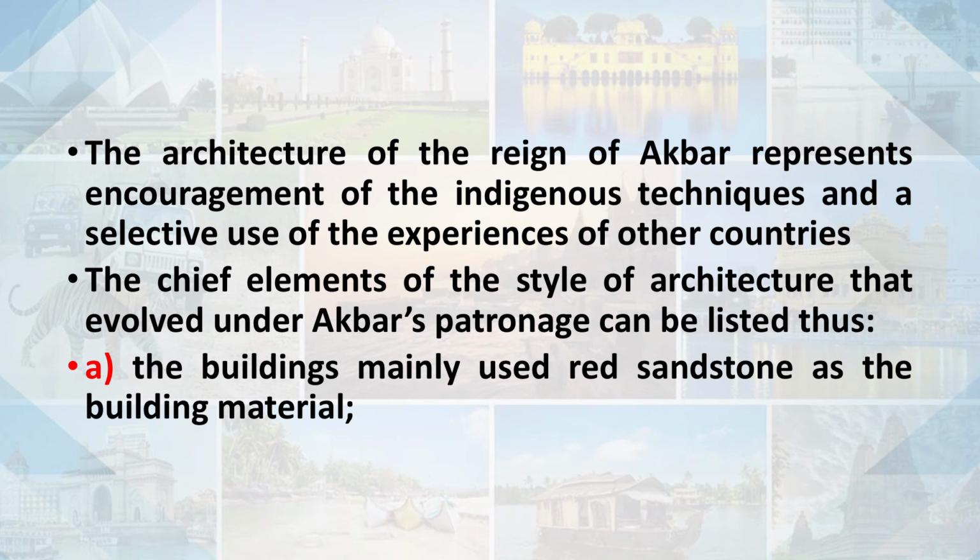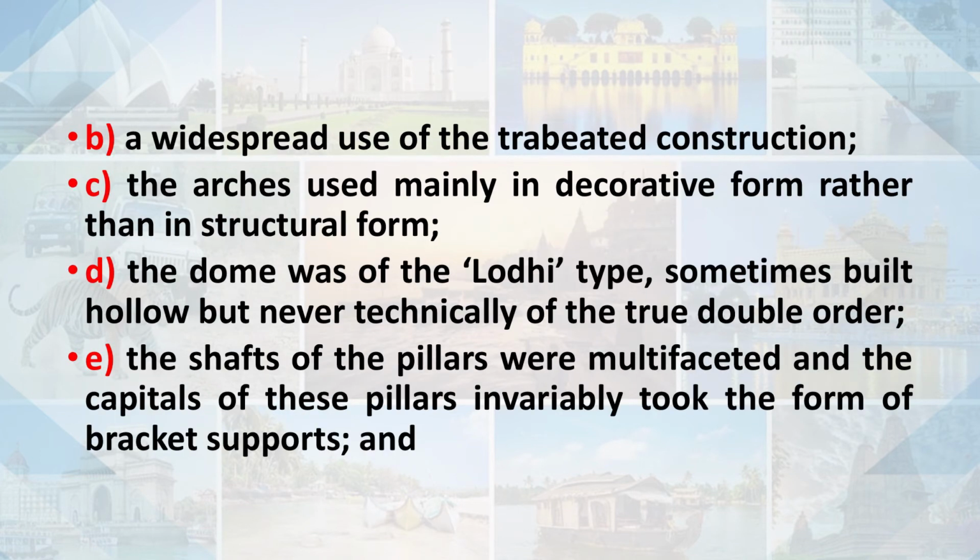The buildings mainly used red sandstone as the building material, a widespread use of the trabeated construction, the arches used mainly in decorative form rather than in structural form, the dome was of the Lodhi type, sometimes built hollow but never technically of the true double order.